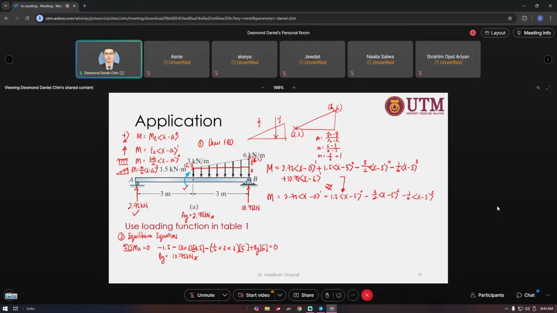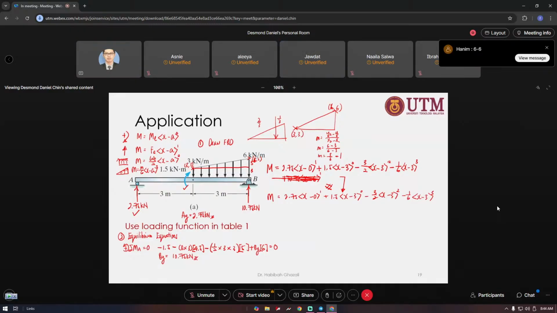I can cancel this part. Why? Anyone can answer me? I've explained so much. Inside the bracket must be positive value. If you have a negative value or 0, then Macaulay would treat it as 0 directly. So why can I eliminate that part? I'm testing your understanding right now.